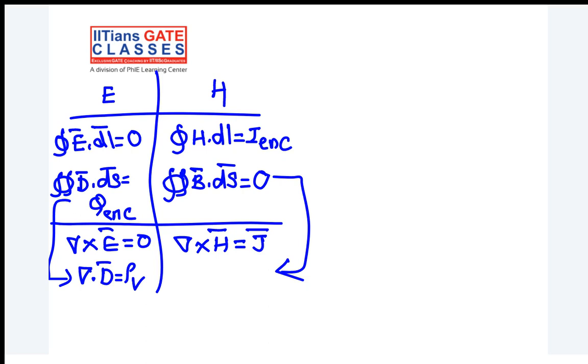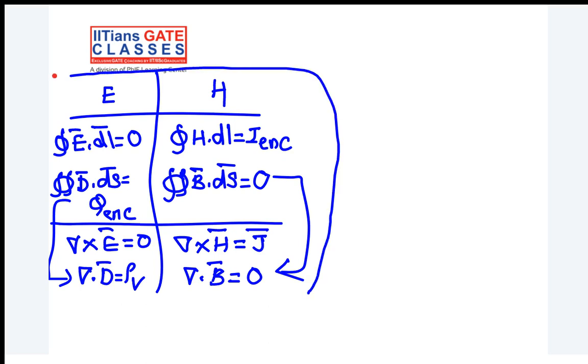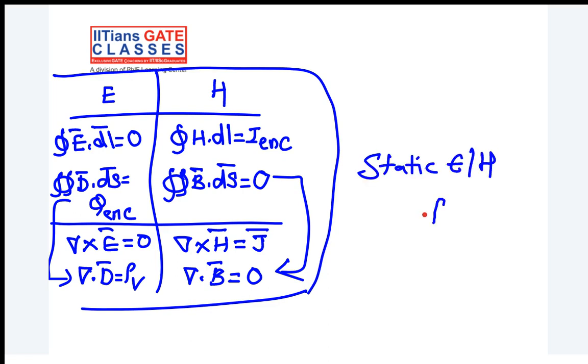And the divergence of magnetic flux density is always 0. So this is the summary of all Maxwell's equations corresponding to static fields. Any questions you can discuss before going to the problems.